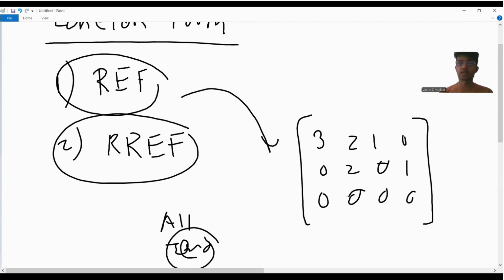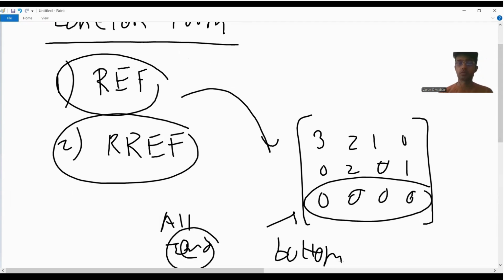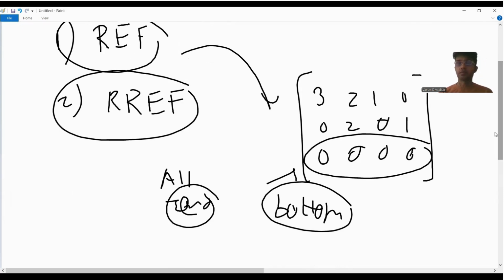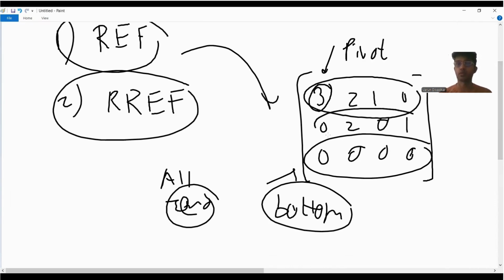So the first condition is that these all 0 rows have to be at the bottom, right? And the second condition is that the first non-zero value in every row is called a pivot value. Like in the second row, this is the pivot value. This one has no pivot values.